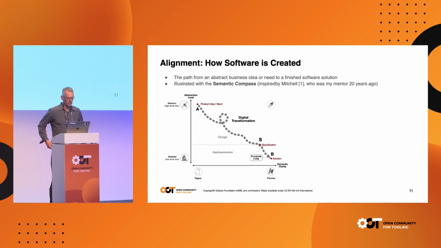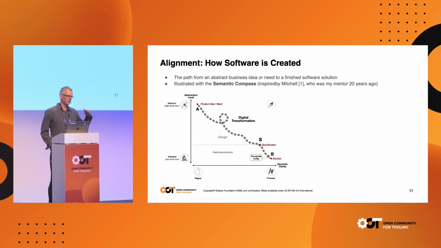Next, maybe that's going to turn into a fun fact for you, because I think you know how software is being created, but maybe I can show you something. What you see here, I call this the semantic compass, because it's about the semantics of things and how clear-cut those semantics are. You have two axes.